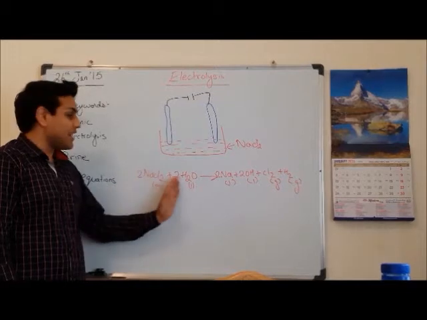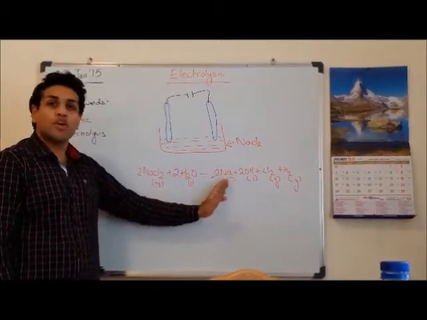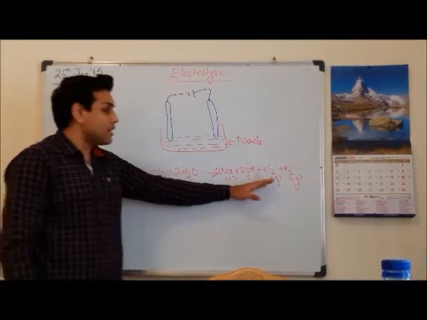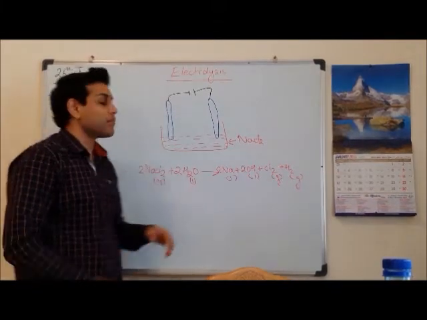Sodium chloride reacts with water when electricity is passed to form sodium hydroxide, chlorine gas and hydrogen gas.